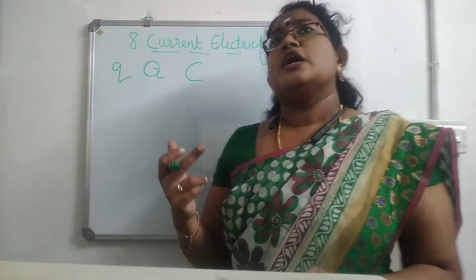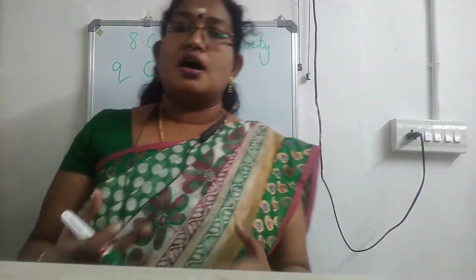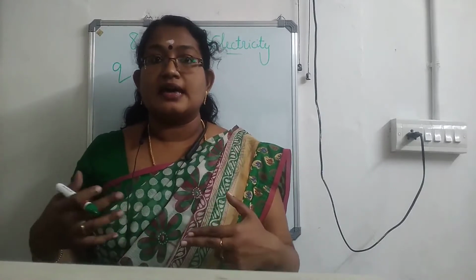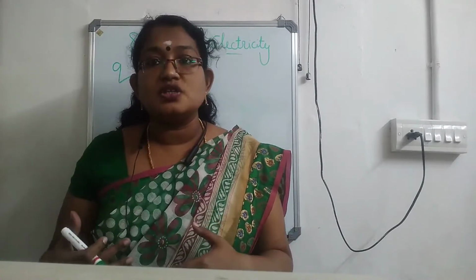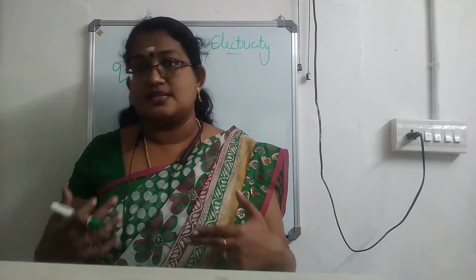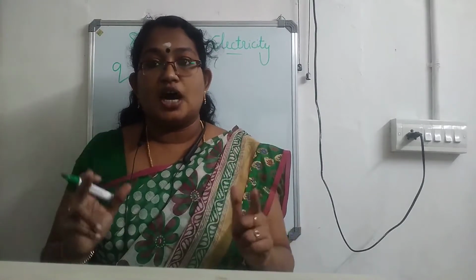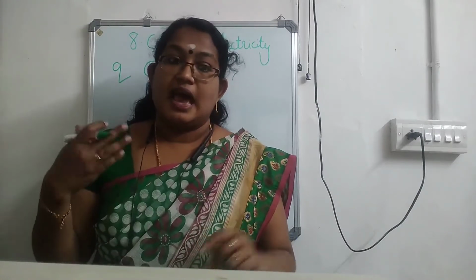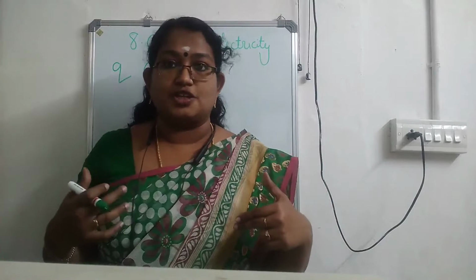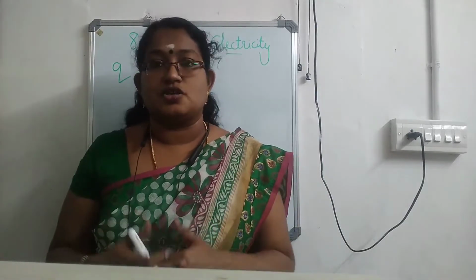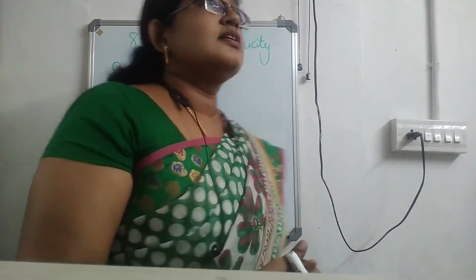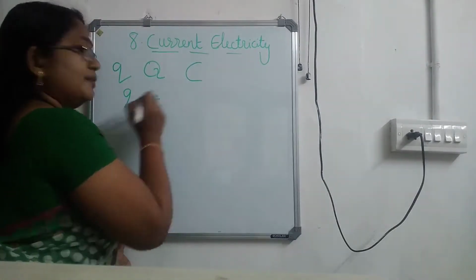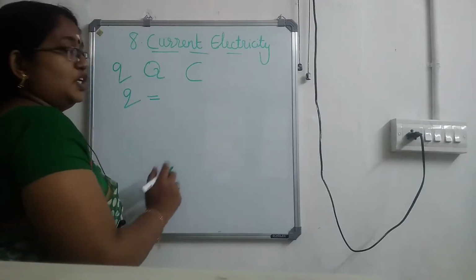Now, when you are considering the charge on a body, normally we will say it as the excess or deficiency of electrons present in it. Charge on a body can be represented either as the deficit of electrons or the excess of electrons in it. And for this, in order to find the charge of a body, we have an equation.